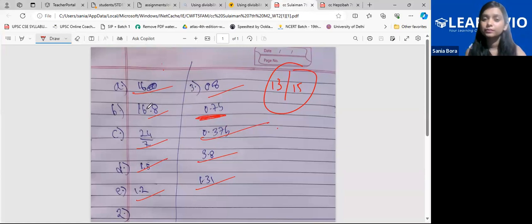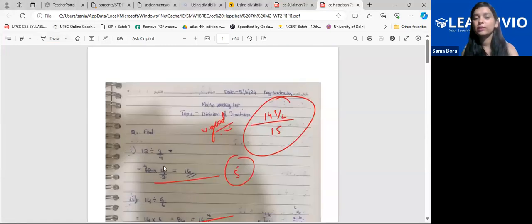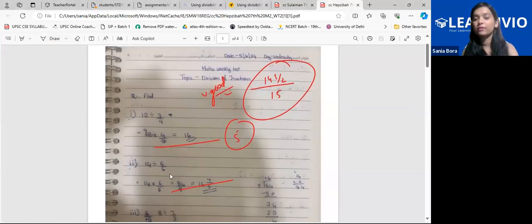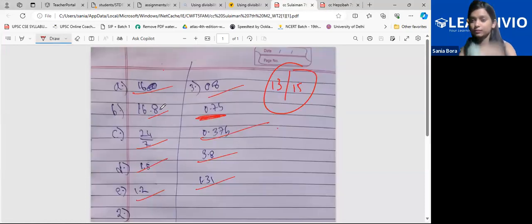I'm saying that the question was in fractions, right? The question was like this: 12 divided by 3 upon 4, 14 divided by 5 upon 6. Is this a fraction or decimal? Ma'am, my answers are in decimal. Decimal. Why? When you divide two fractions, the answer should be in fraction.